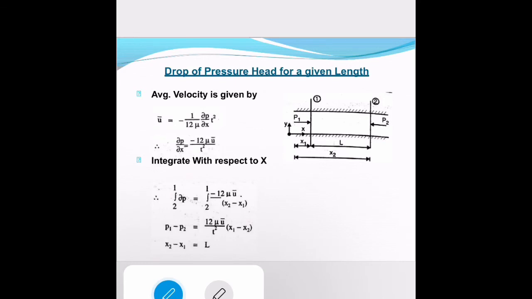After that, you have to integrate it with respect to x, that means along the length of the pipe or plate. So, you know what a pressure drop is? When the fluid flows through a pipe, there will be a pressure drop, and this is a result of resistance to flow.